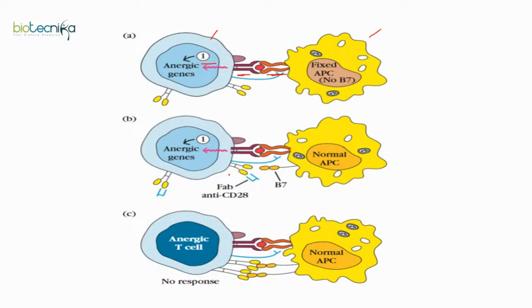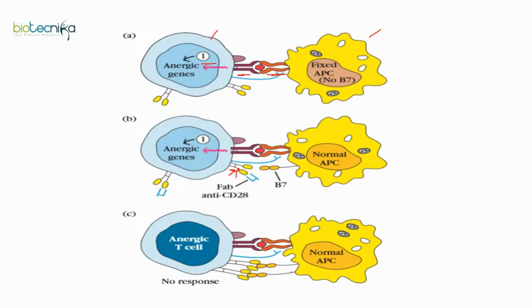This is the CD28, which is initially blocked by this Fab anti-CD28. So what is happening here, there is no connection being formed. Since it is blocked by Fab anti-CD28, B7 is not able to bind here. So again you're going to get these anergic genes, that is the non-responsive genes.